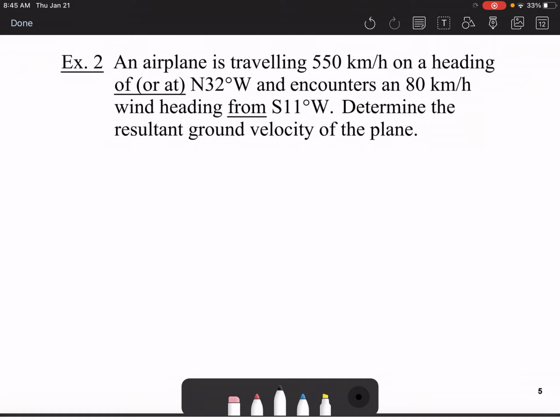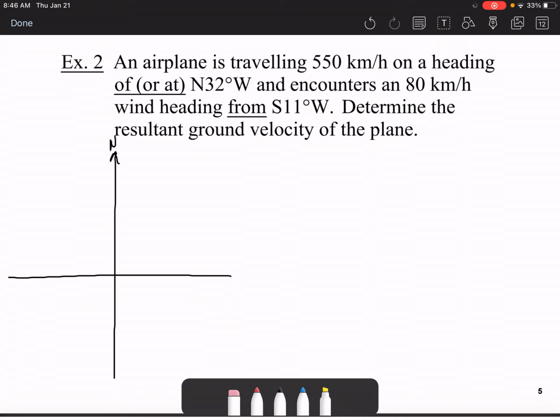Okay, so let me draw an example of what I'm talking about here. Okay, let's say this is headed north. So my original vector north 32 degrees west is traveling 550 kilometers per hour.